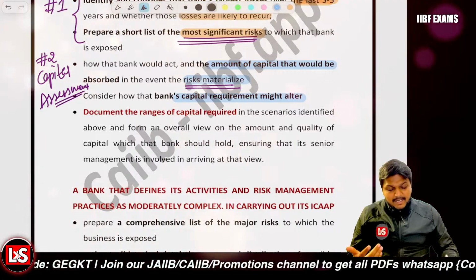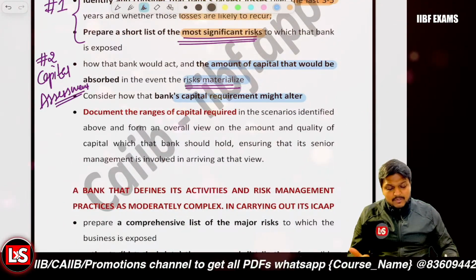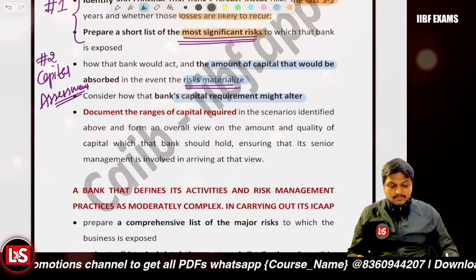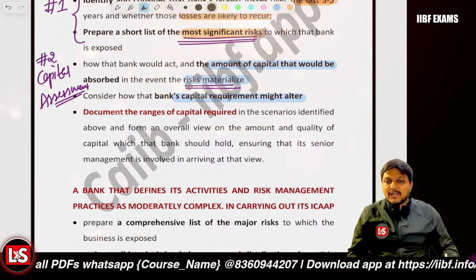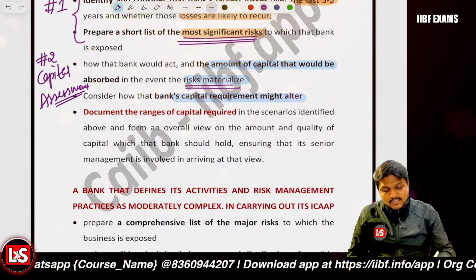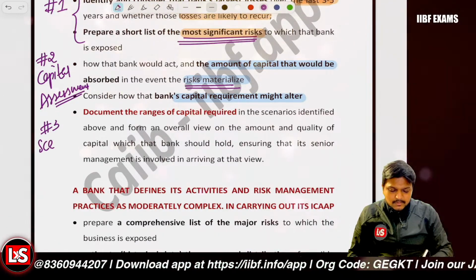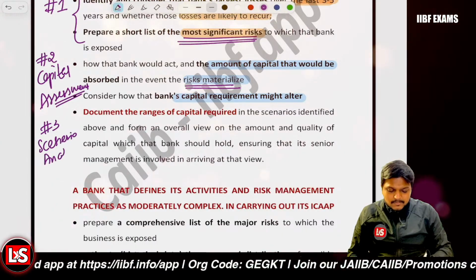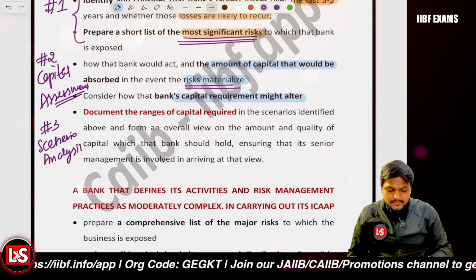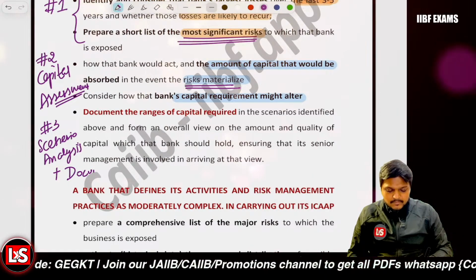Clear with it? And further, scenario analysis must be there. What is the change in the capital requirement? The proper scenario analysis should be there. The third one is the scenario analysis and the documentation.